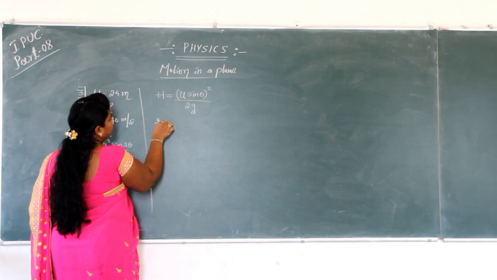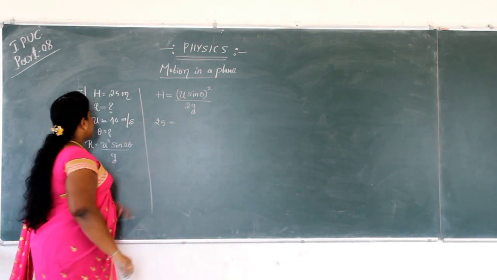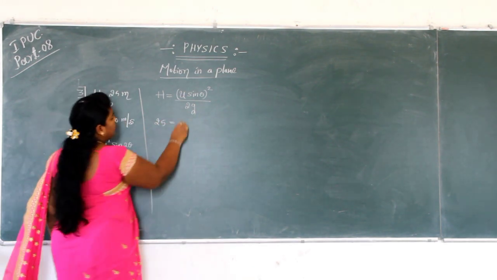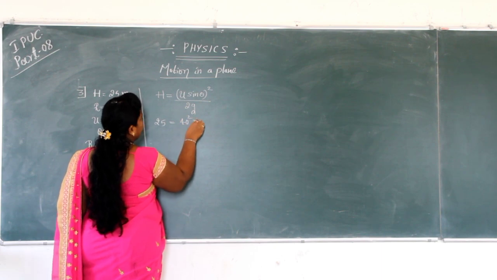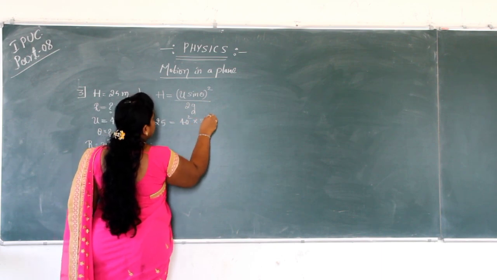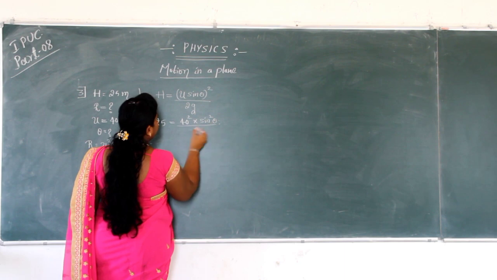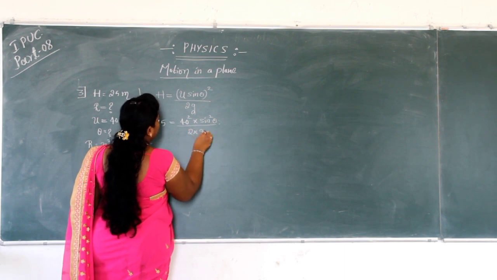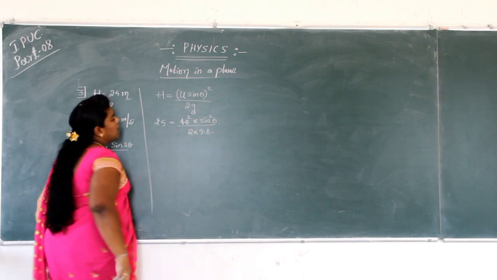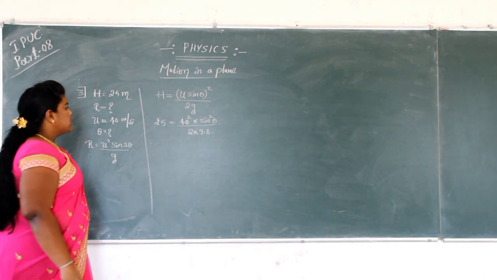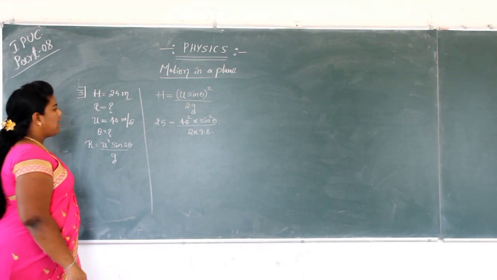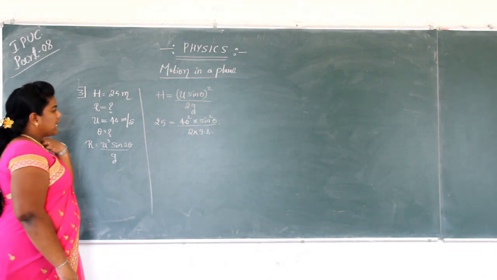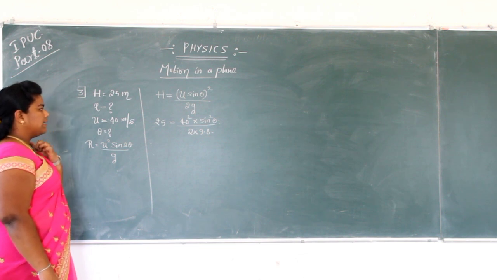H is 25 meter, u is 40, so 25 is equal to 40 square into sin square theta divided by 2 into 9.8. So this is what we get.